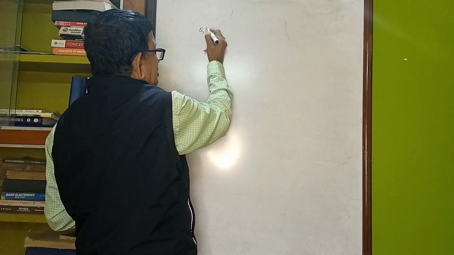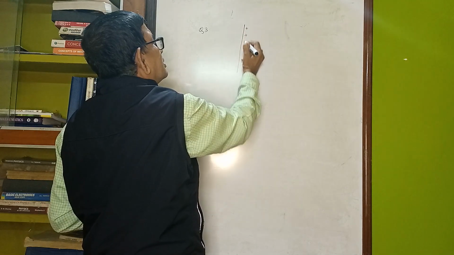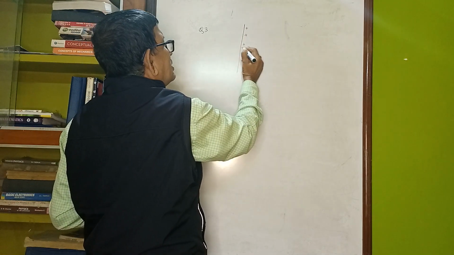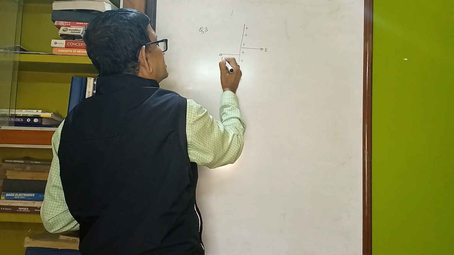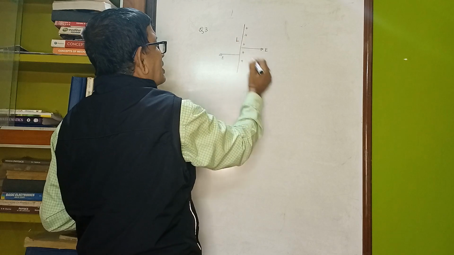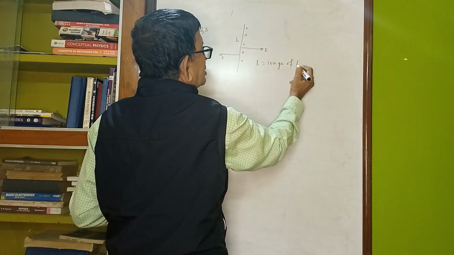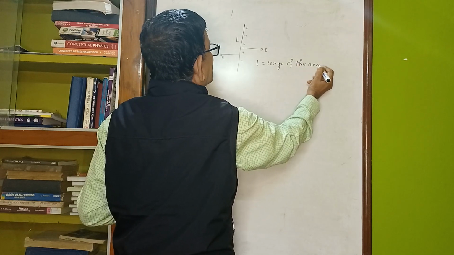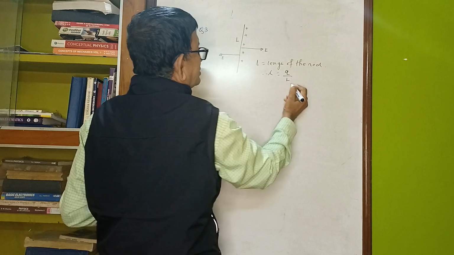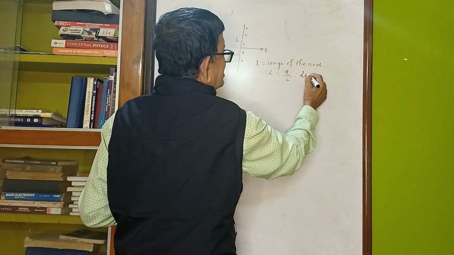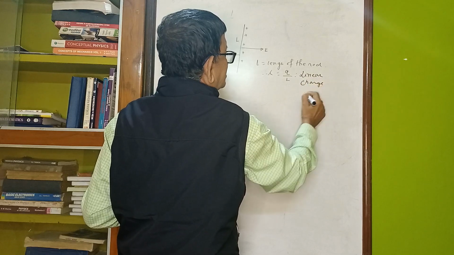Question number 3. Suppose there is a charged rod, and the electric field is perpendicular to it. L is the length of the rod, and the charge density lambda equals total charge divided by length, that is called linear charge density.